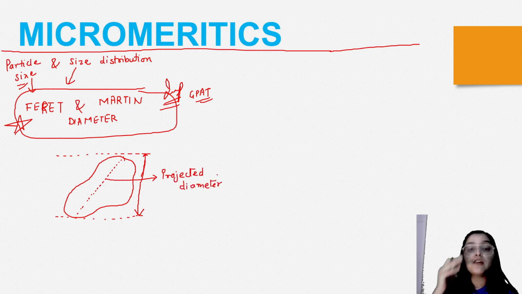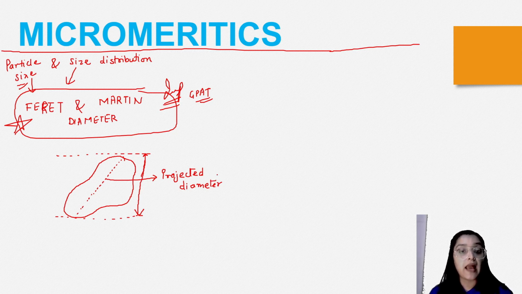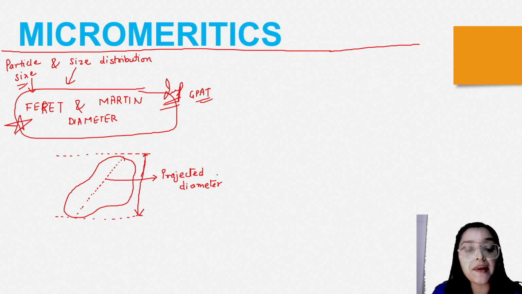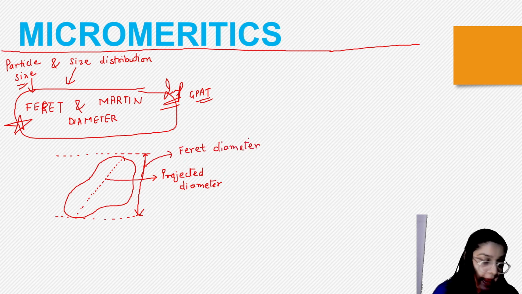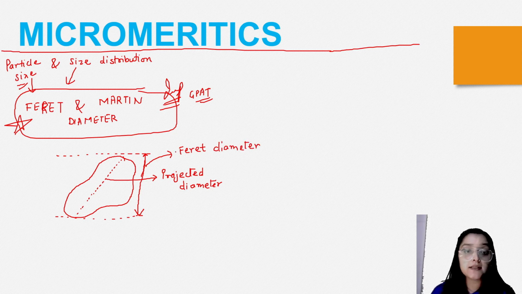Okay, where will be the Feret diameter and where will be the Martin diameter? We have to see that. The Feret diameter will be actually this tangent that we have drawn. This is the Feret diameter. Okay, and next is your Martin diameter, which is actually this portion. Okay, this is your Martin's diameter.